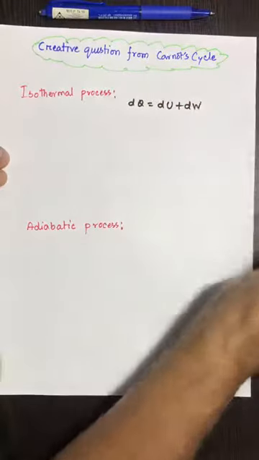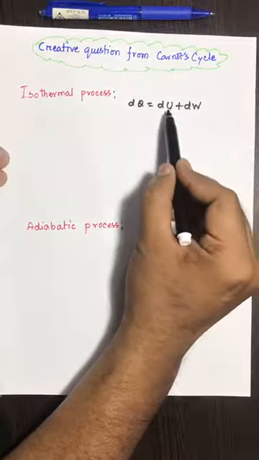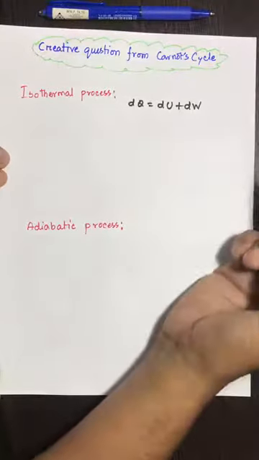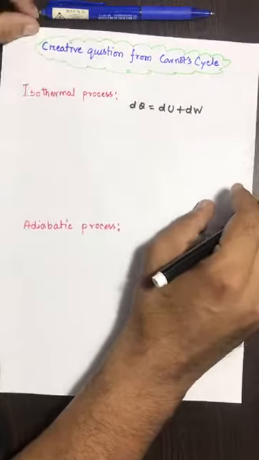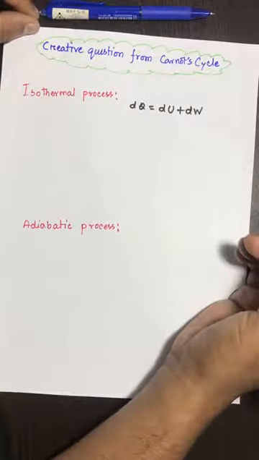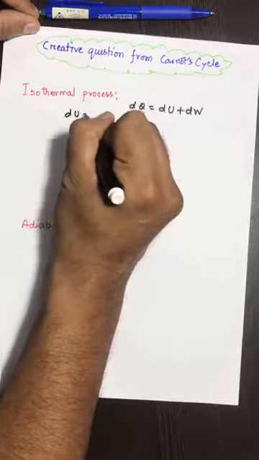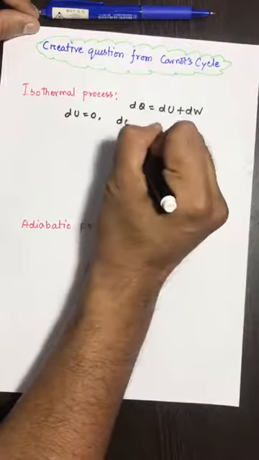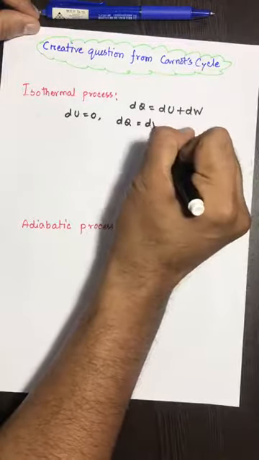If you provide heat to a system, some of it increases the internal energy and the rest is used for the work done. So in the isothermal process, there is no change in internal energy, so dU equals 0 in this case. All the heat we have provided to the system goes into dQ equals dW.